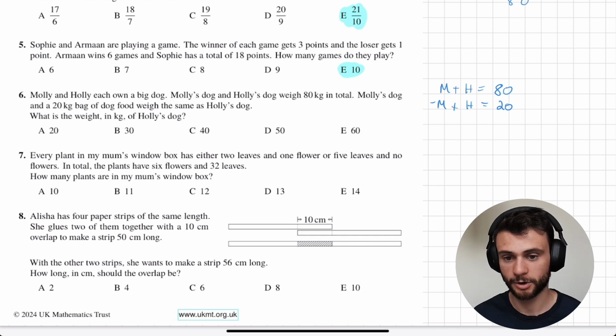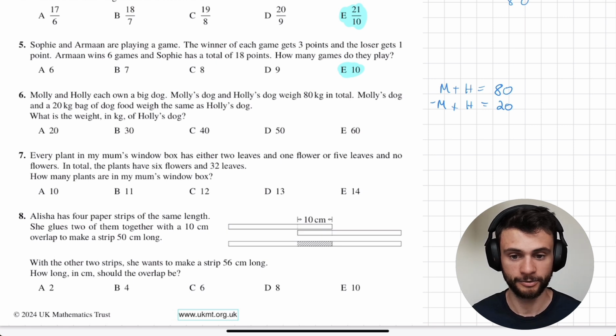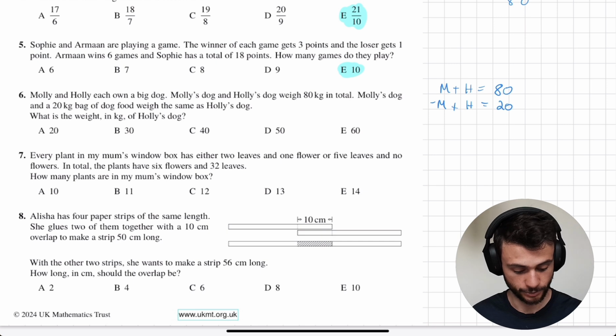And then because we're working out the weight of Holly's dog, it makes sense to eliminate the weight of Molly's dog from these two equations. So we can do that by adding the two equations together.